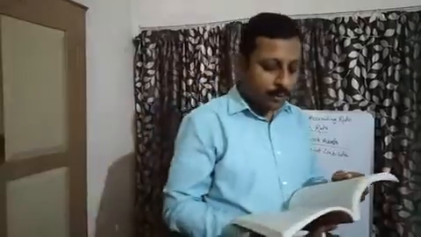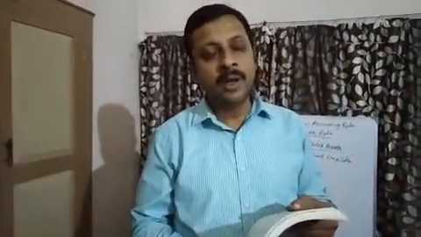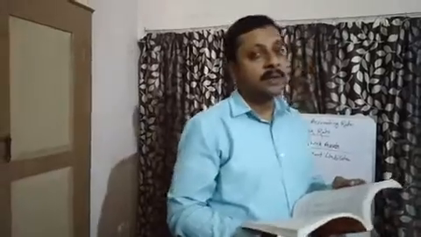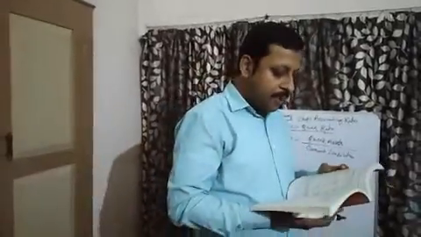There are inventories, trade receivables, advance tax, cash and cash equivalents, trade payables, and short-term borrowings, that is bank overdraft. What is bank overdraft? I also discussed that when going through the chapter cash flow statement. So each and every item is very familiar to you.